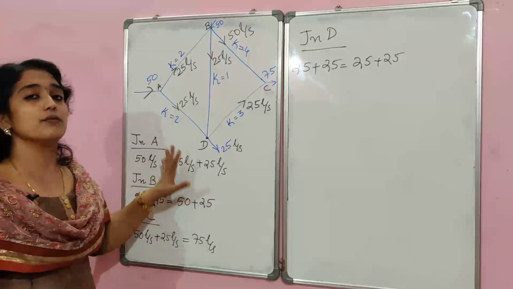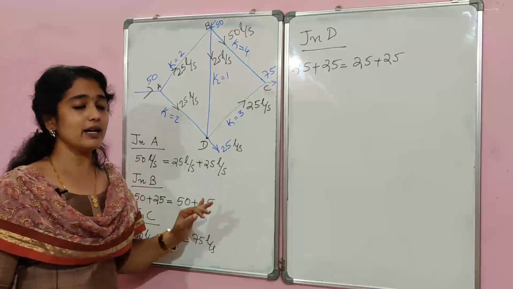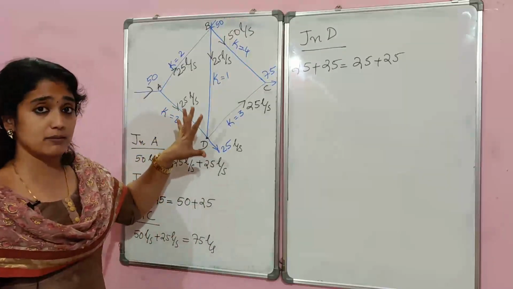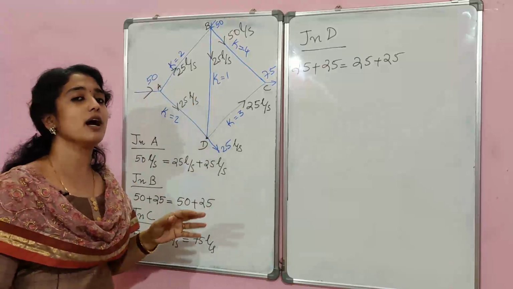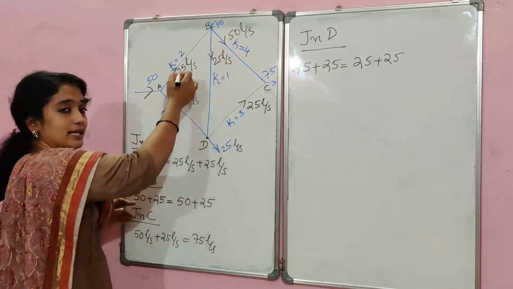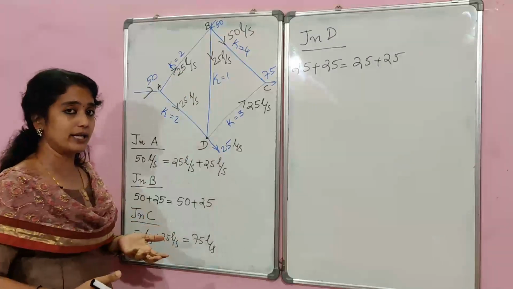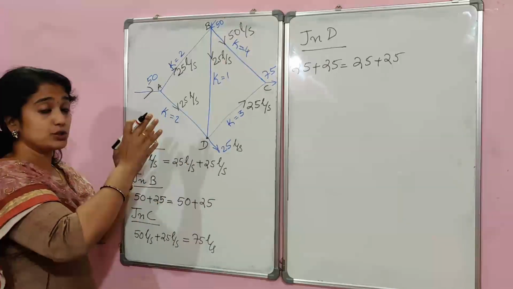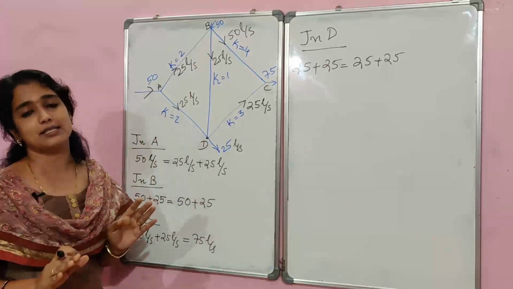This is the flow pattern that we are assuming to solve the pipe network system shown in the figure by using the Hardy-Cross method. You can assume this as 20-30 or 10-40, any value, as long as the total is equal to 50 liters per second.